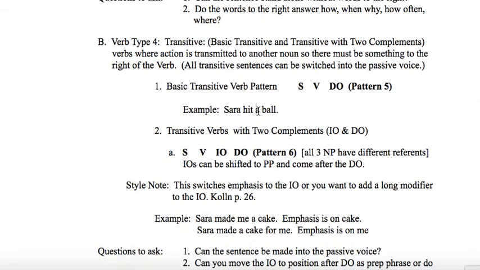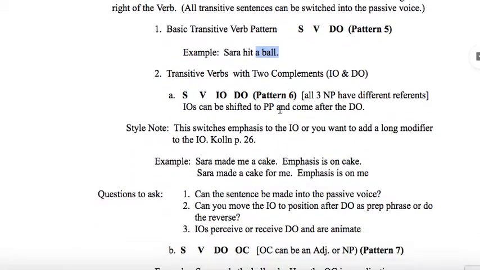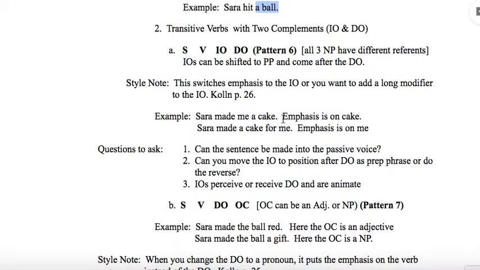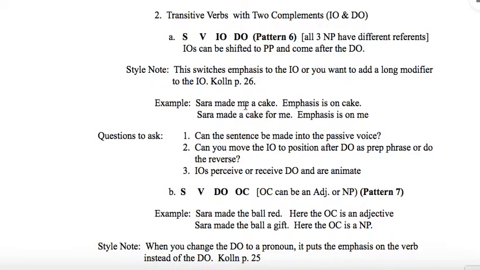What did Sarah hit? She hit the ball. So whatever the verb is acting on is the direct object. Sometimes you're going to have a direct object and then another set of words that describes that direct object or modifies it. So let's look at that pattern. Sarah made a cake.